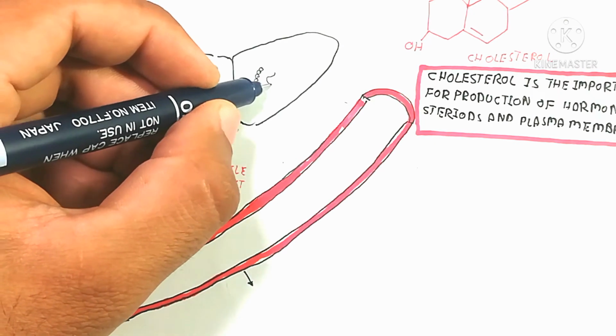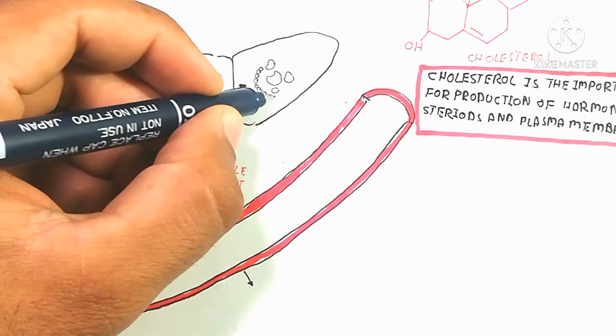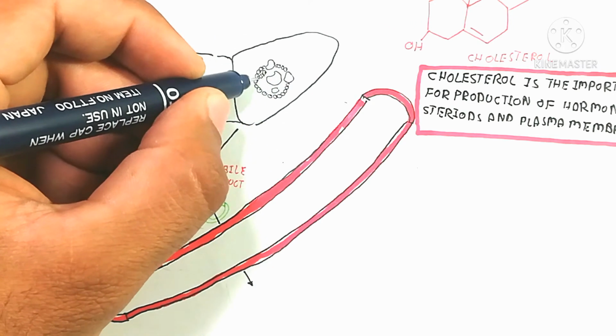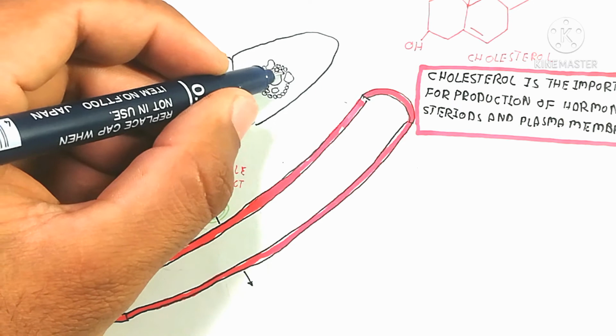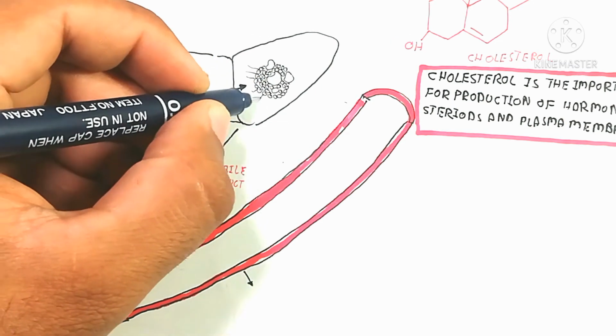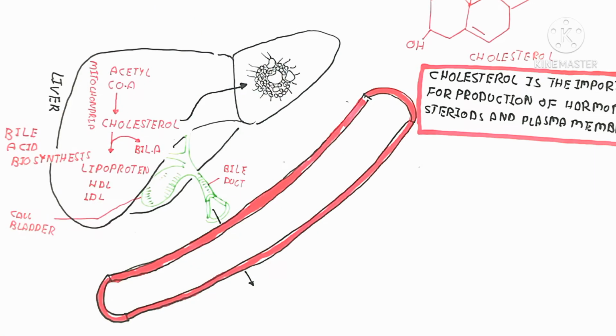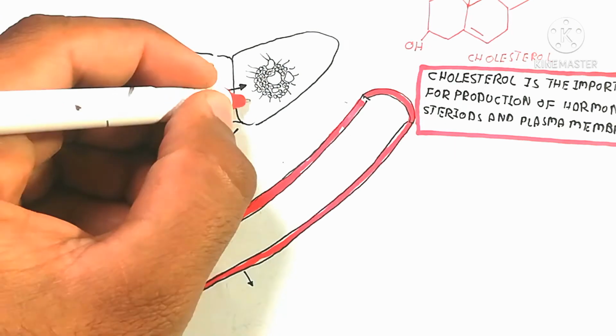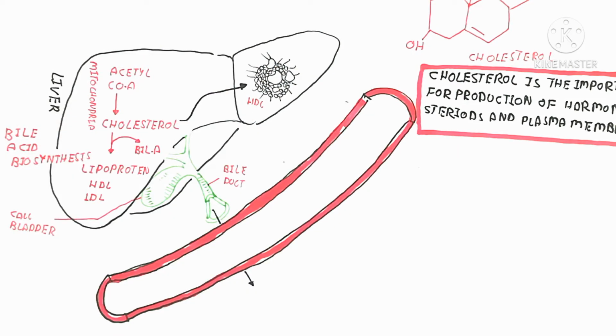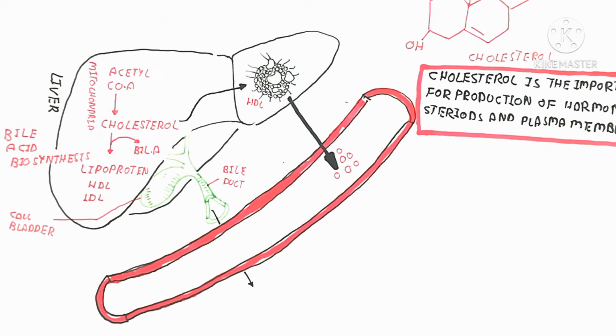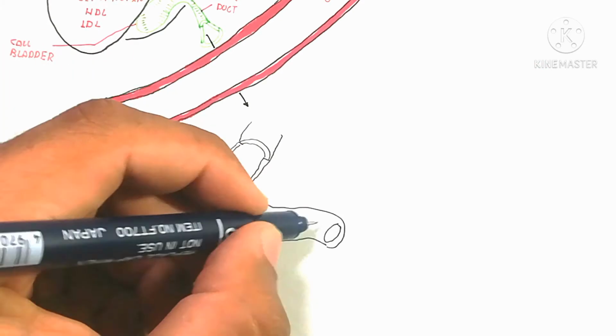One more important thing is apoprotein, phospholipids, cholesterol and triacylglycerol, which combine together to give a structure like this. That is the apoprotein, and it is known as high density lipoprotein because the apoprotein is more.